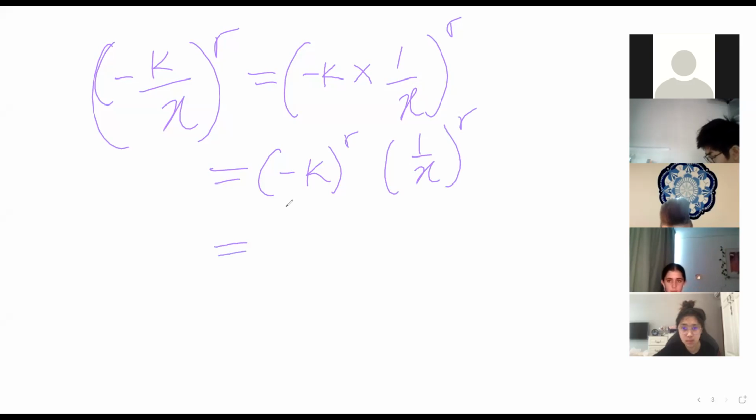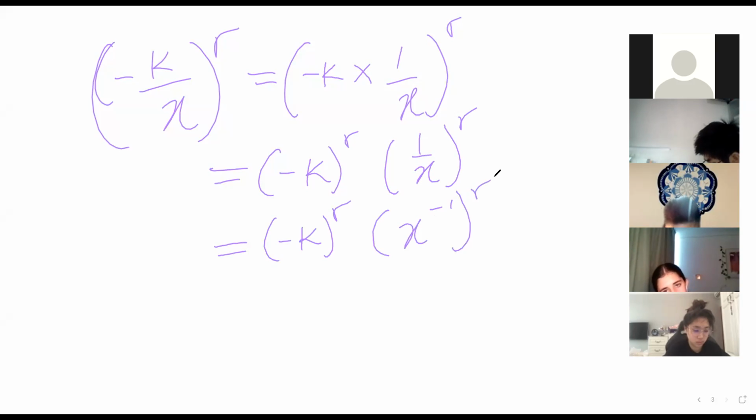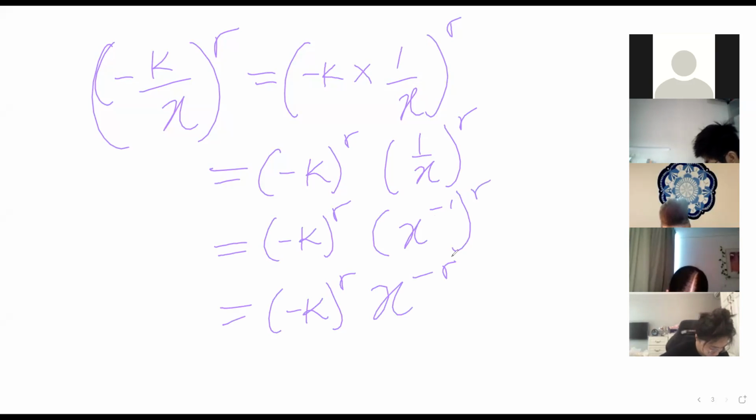You leave this as that because we don't know what r is. r could be an odd or even number, so don't open the bracket, just leave it at that, while this is minus 1, then r. So that you have something like, of course, this will have to merge with maybe some other x somewhere. So that's it. Thank you.